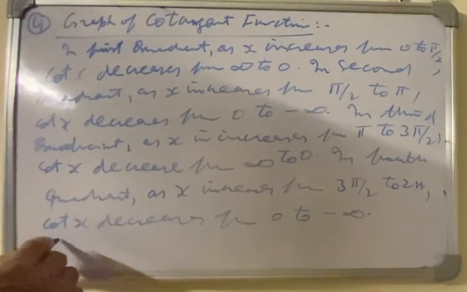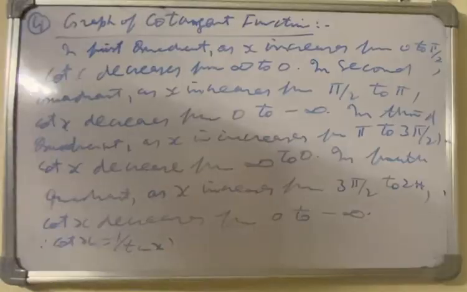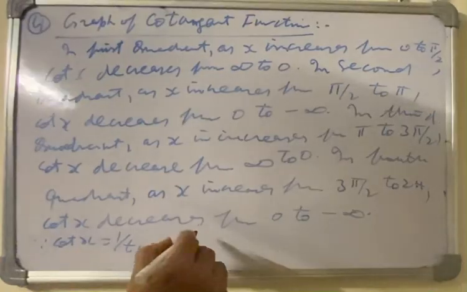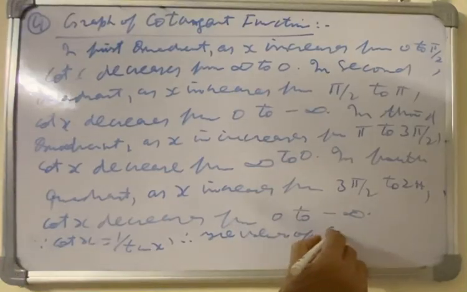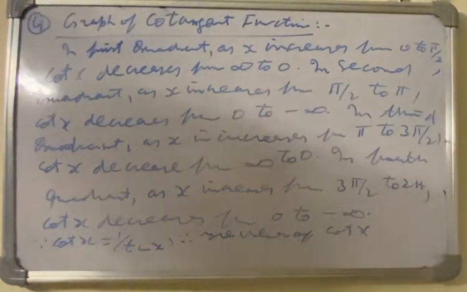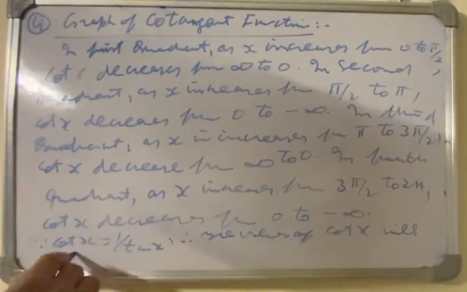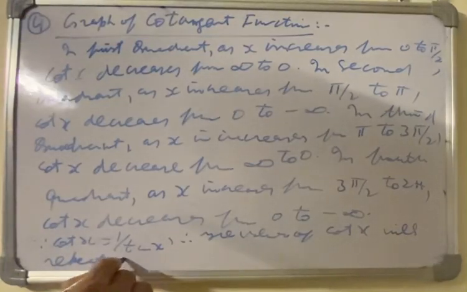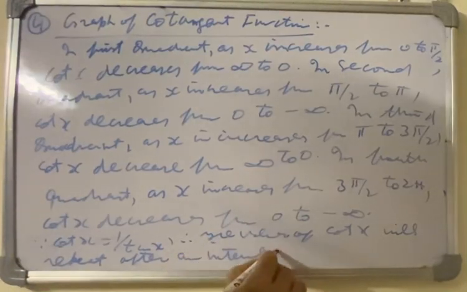Now, since cot x is 1 over tan x, therefore the value of cot x will repeat after an interval of pi.